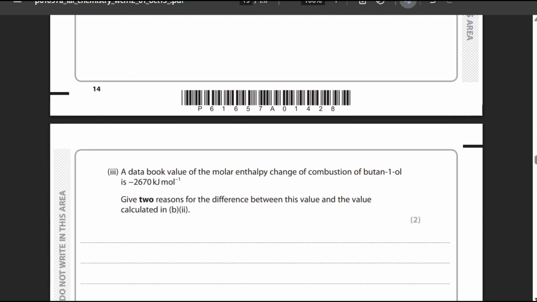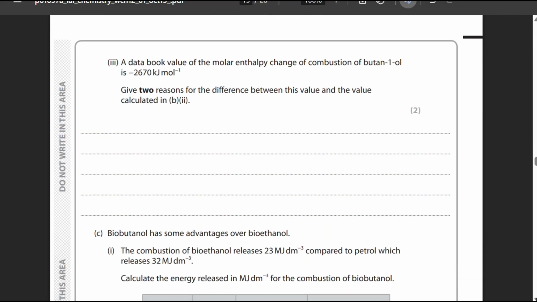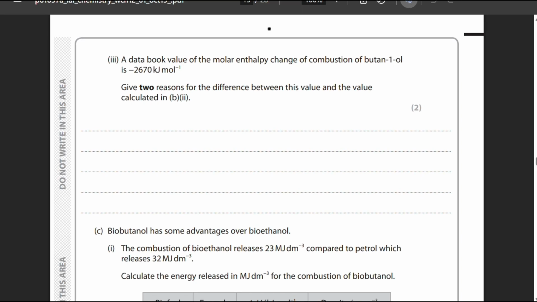A data book value of the molar enthalpy change of combustion of butan-1-ol is minus 2670 kilojoules per mole. Give 2 reasons for the difference between this value and the value calculated in B2.